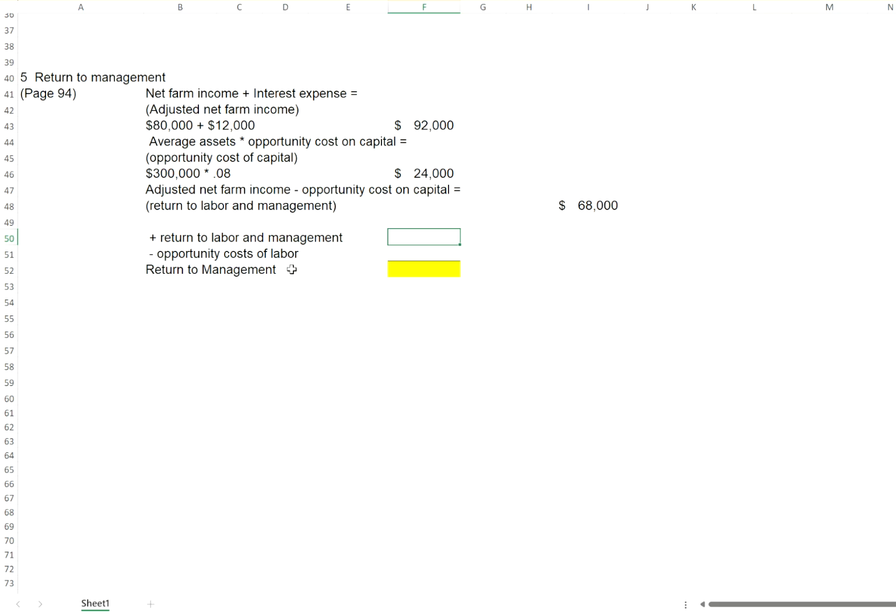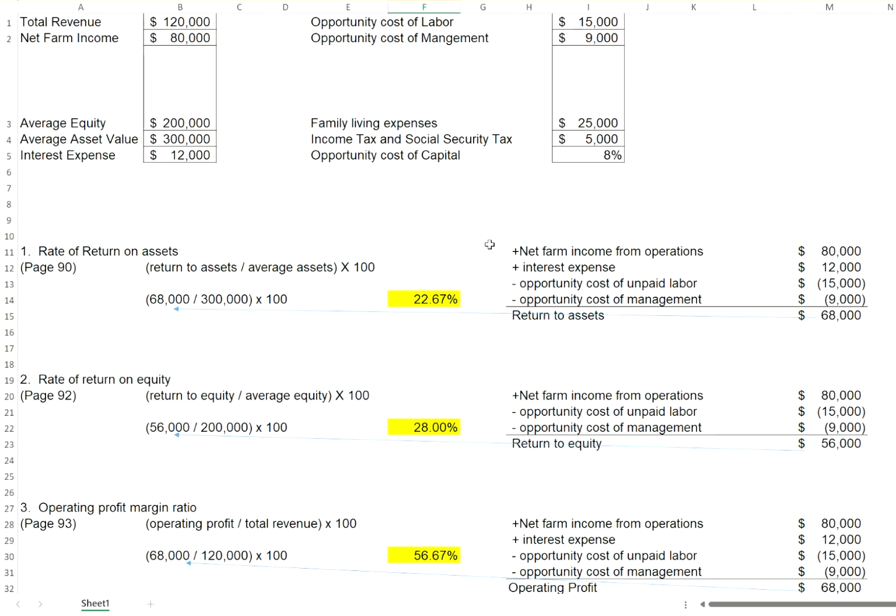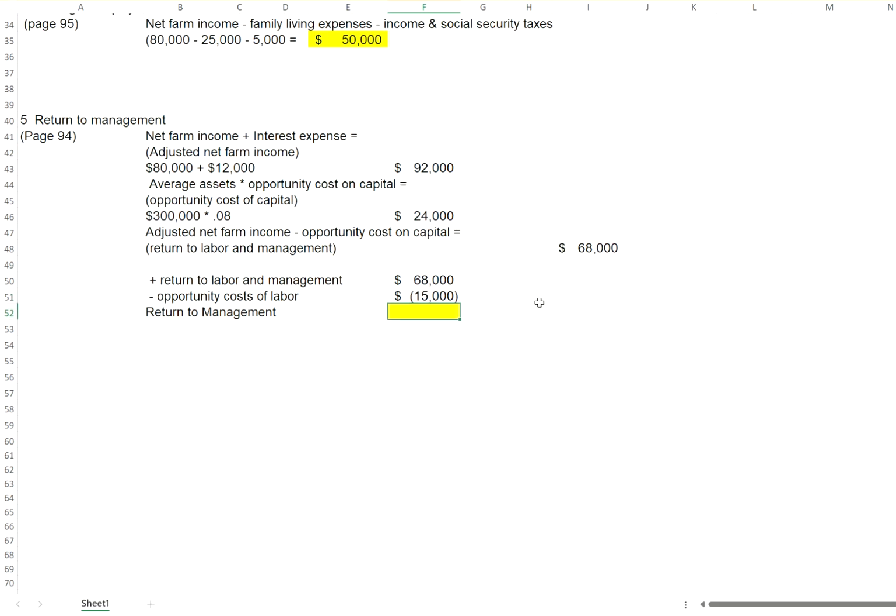So to get the return to management, I'll start with what I just calculated, the return to labor and management, which is the $68,000. I will subtract out the opportunity cost of labor, which was given to me in the beginning at $15,000. When I calculate the two together, my return to management is $53,000.